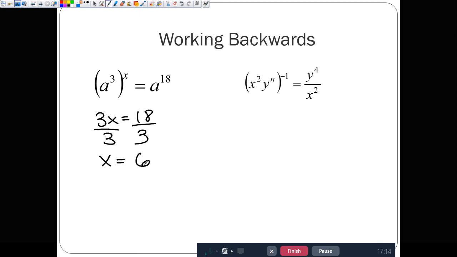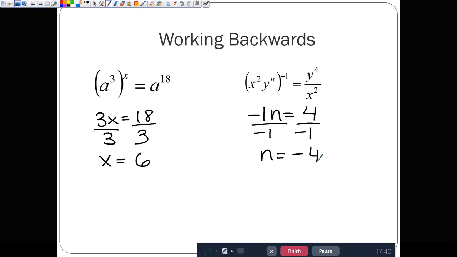Okay, so I'm looking for n, and it becomes a positive 4, so that means that negative 1n will equal 4. So I'm going to divide by negative 1. So n is going to equal negative 4, because negative 4 times negative 1 would give me a positive 4.